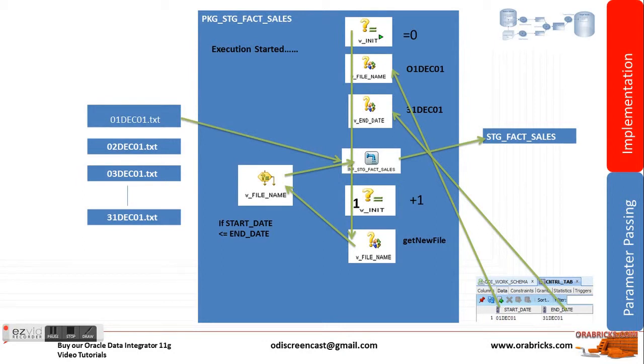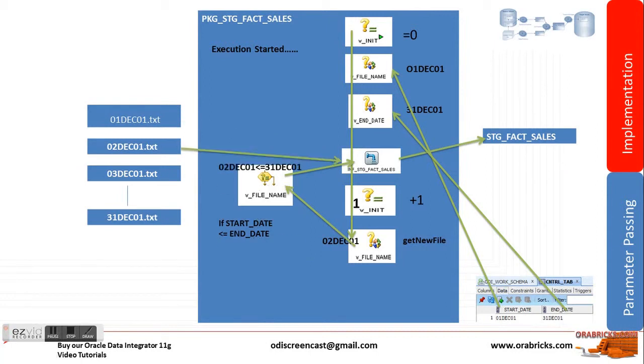You are adding plus 1 to the initial value, that is 0. Now the v_file_name variable will get the new file automatically, so when v_init becomes 1, it will get the 02 December 01 file.